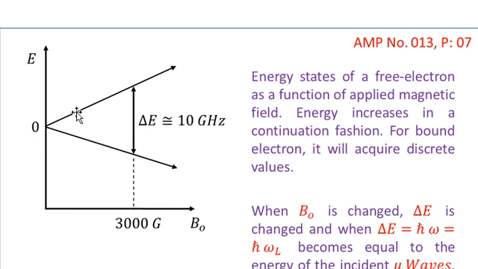It will increase in the form of discrete values or discrete steps of energy. So for a bound electron, which is only the case when the sample is in the gaseous form at low pressure, it will acquire discrete values. That is, the energies of the electron can be changed in a discrete fashion.